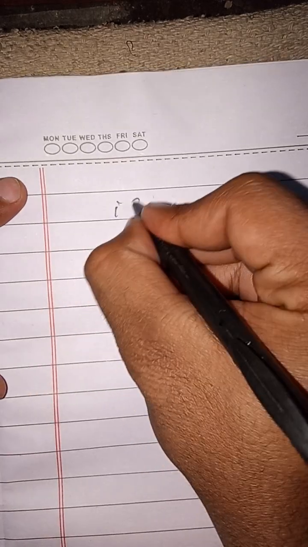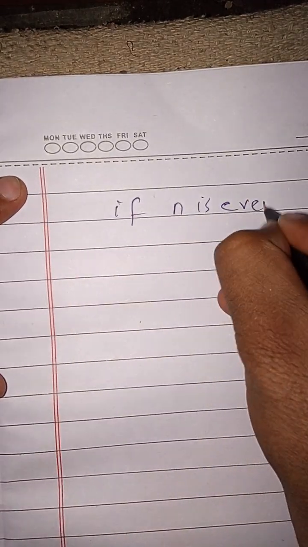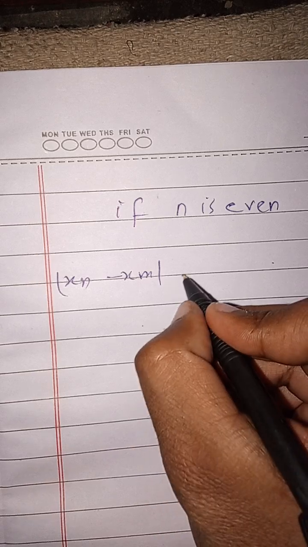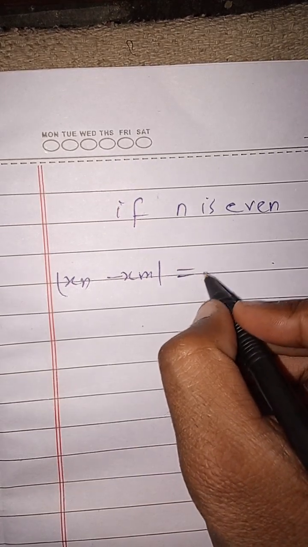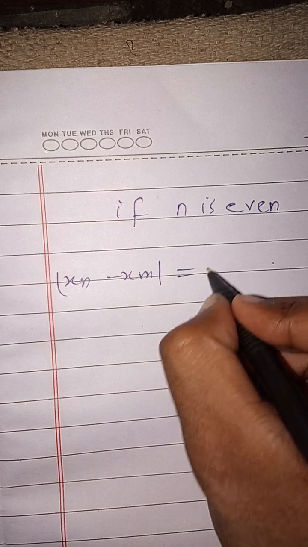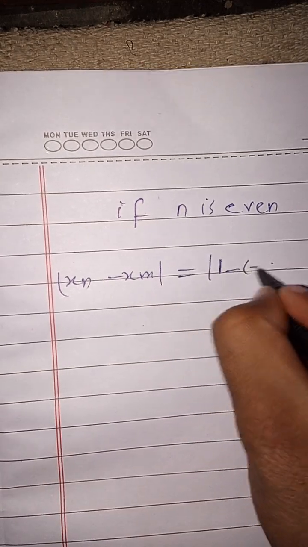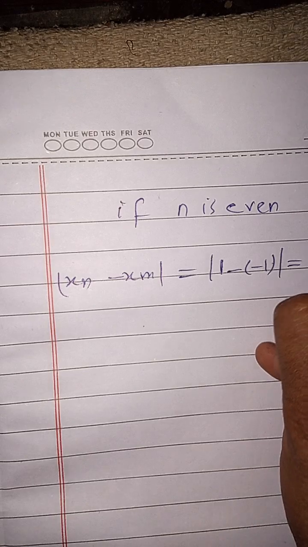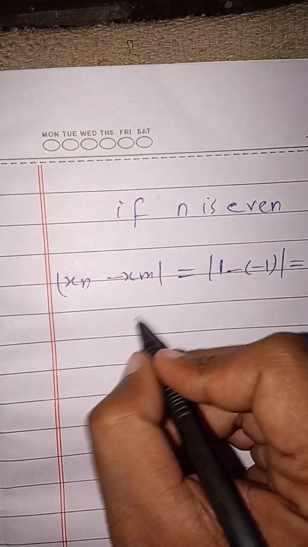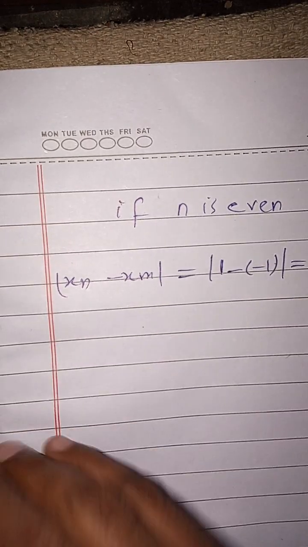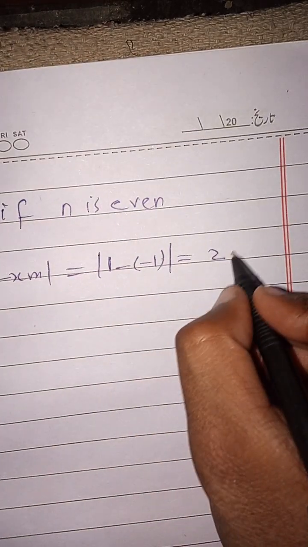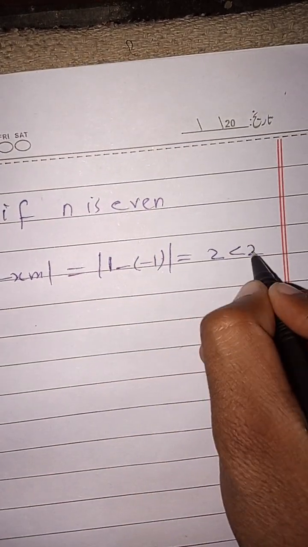So if n is even, then if we take any even power, we will get mod xn minus xm equal to 1 minus minus 1, which will be 2, and we took epsilon equal to 2, which is not less than 2.